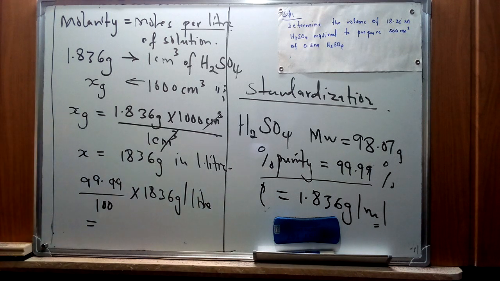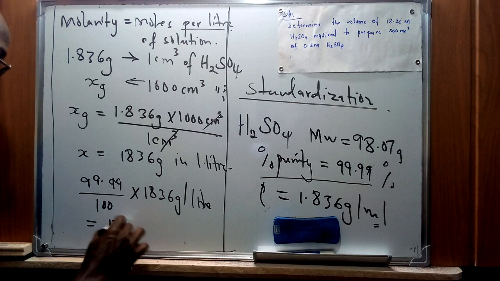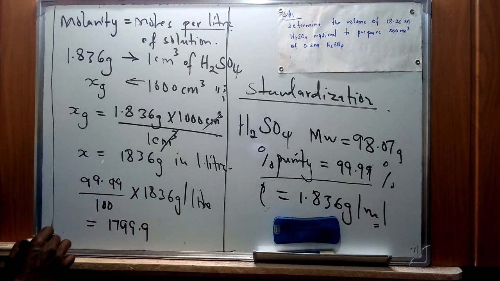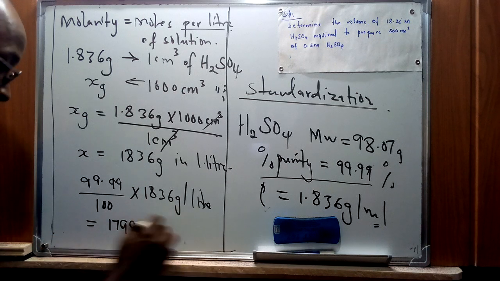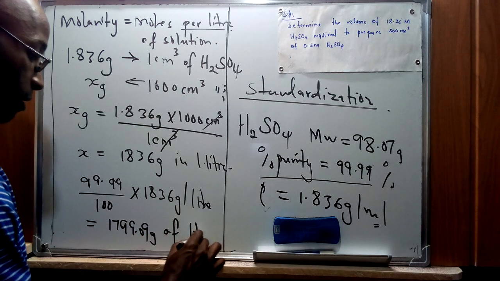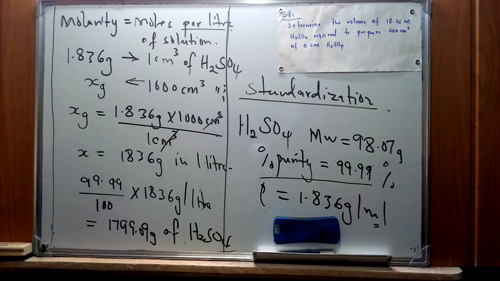So this is going to be 1799.09 grams of sulfuric acid in that specific liter. So this is the mass of that specific product in a liter.